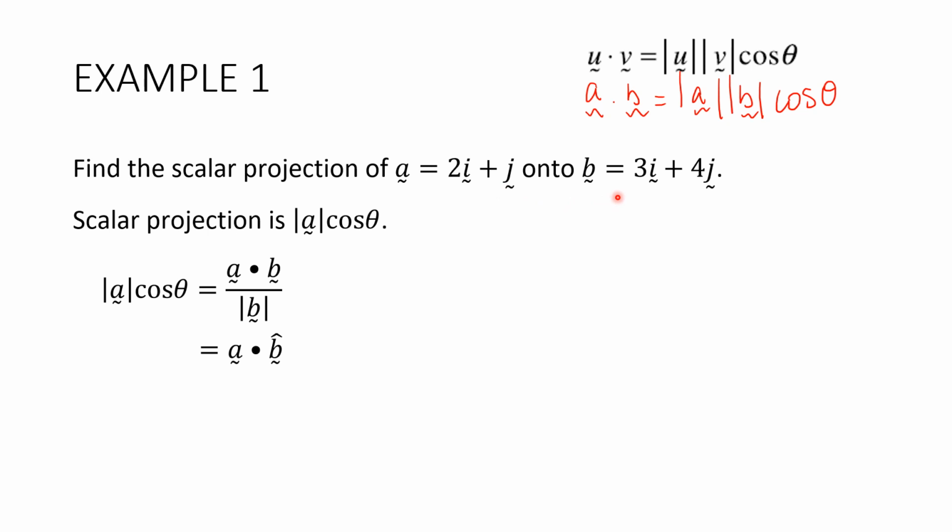We need to form unit vector B, which starts by working out the magnitude of B, doesn't it? Magnitude is the square root of 3 squared plus 4 squared, which is the square root of 25 or 5. So here it is.